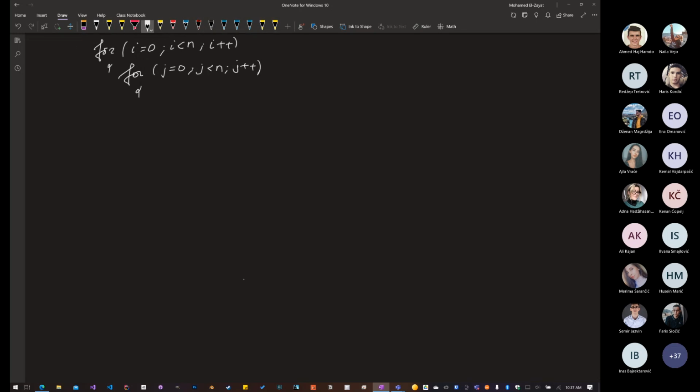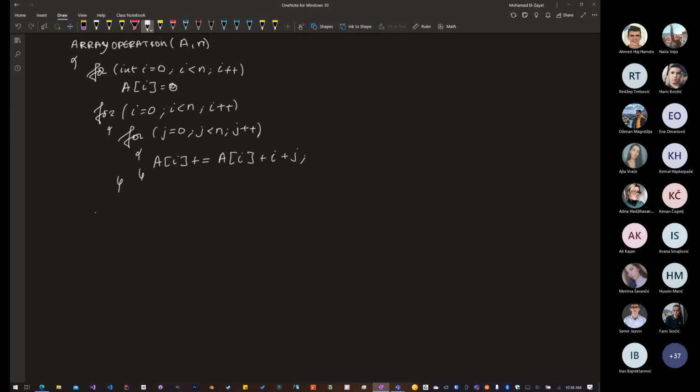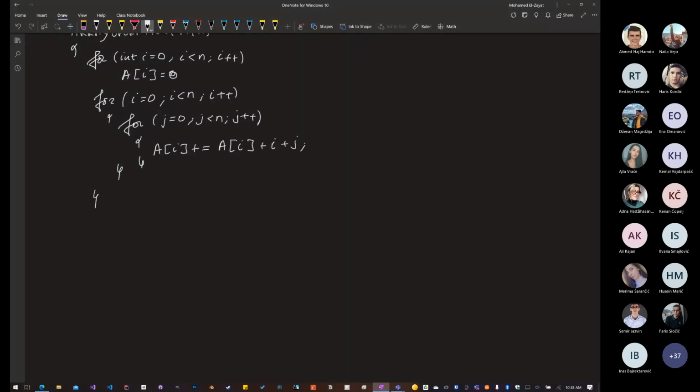And then we open a bracket, and we say a of i plus equals a of i plus i plus j. Then we close this, and close this, I think. So there we go.